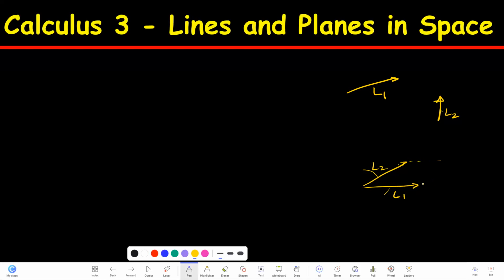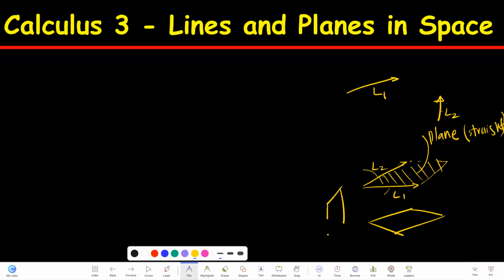You can extend them and make a surface, and you call it a plane. A plane cannot be bent, it's straight. These are plane 1, plane 2, maybe plane 3. All three planes are straight. So I need to find the equation.